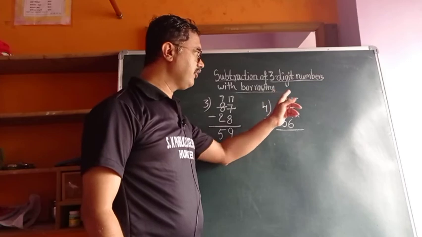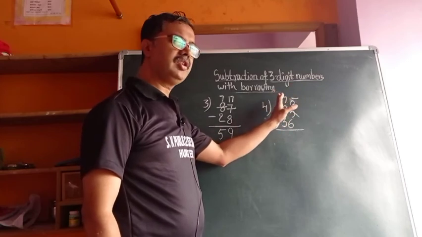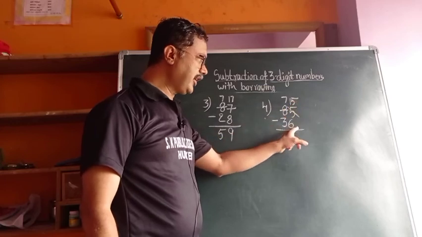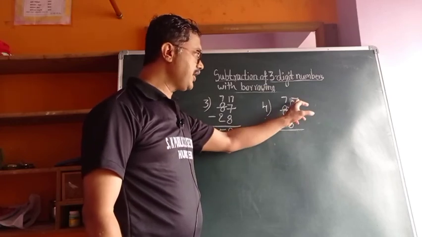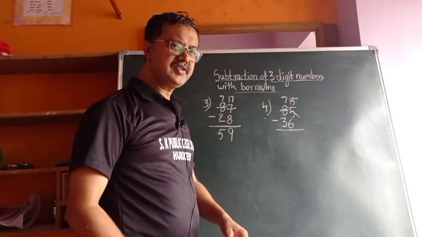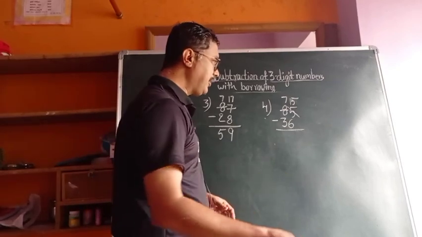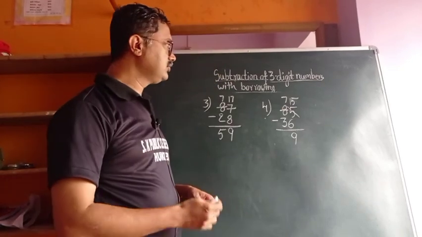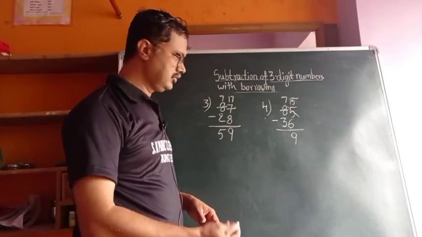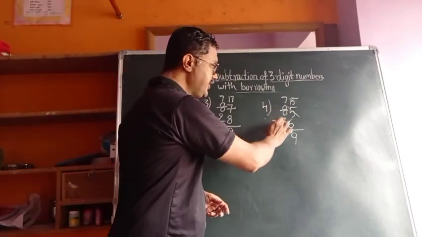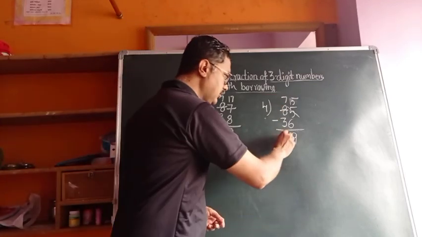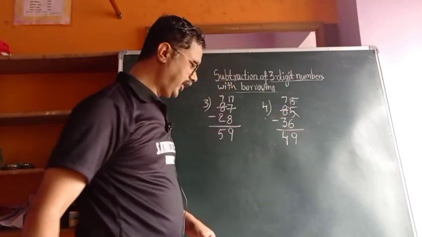It is easy when you write the new number first and afterwards subtract. 15 minus 6 means 9 only. 7 minus 3 is 4. The answer is 49.